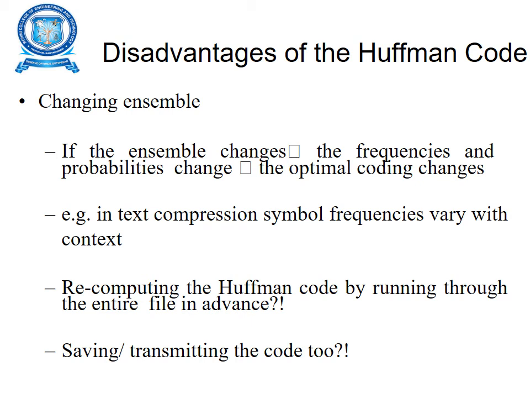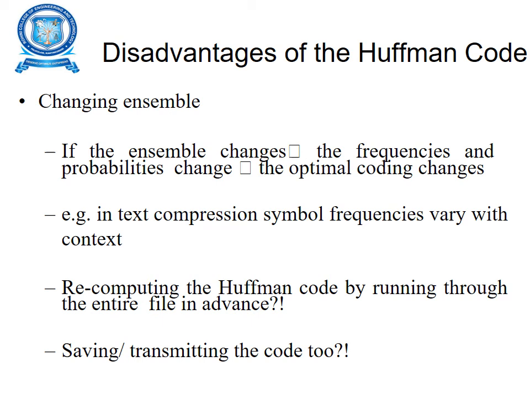Here we have a few disadvantages of Huffman coding. First is the changing ensemble. If the ensemble changes, the frequencies and the probabilities will change. In text compression, symbol frequency varies with respect to context. This is one of the major drawbacks of Huffman coding.